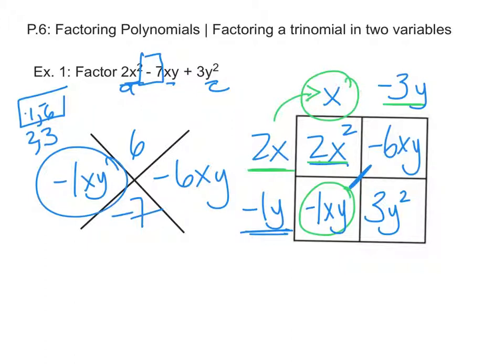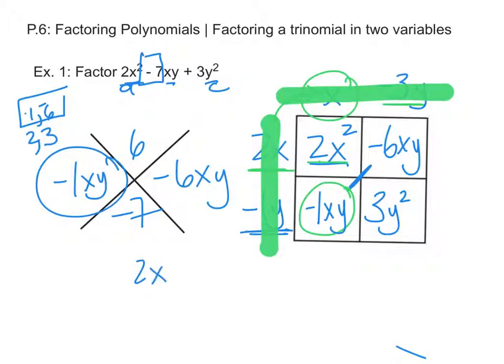So our factors now in this case are going to be x and -3y and 2x and -1y. So 2x minus y, or -1y, is one factor, and x minus 3y is the other factor.